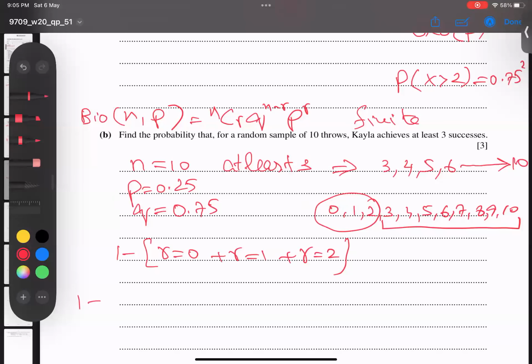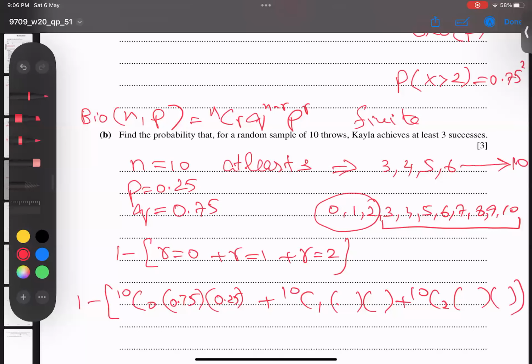So let's apply the formula. The formula is mentioned on top. n is 10, you know very well. r is 0, and I think I can apply 10C0. And q is 0.75, p is 0.25. Again, 10C1. I will write the powers later on, just wait.